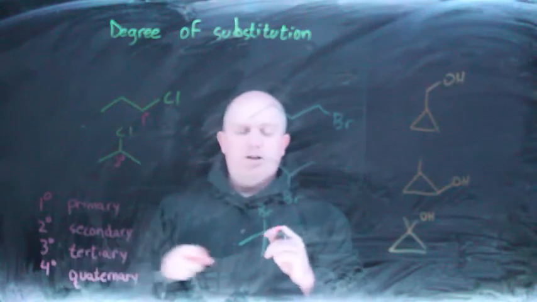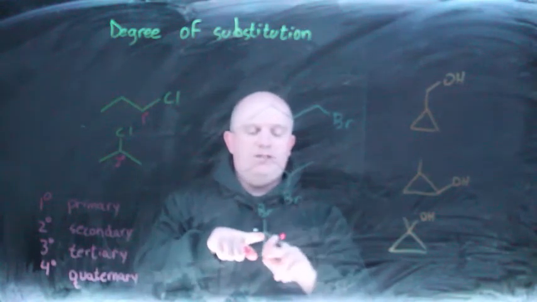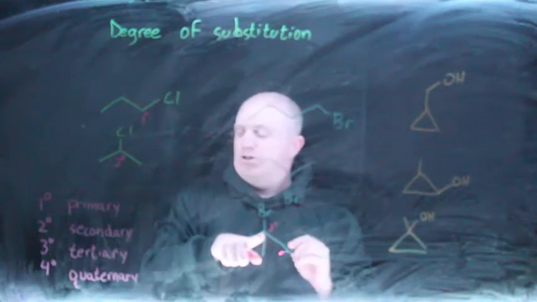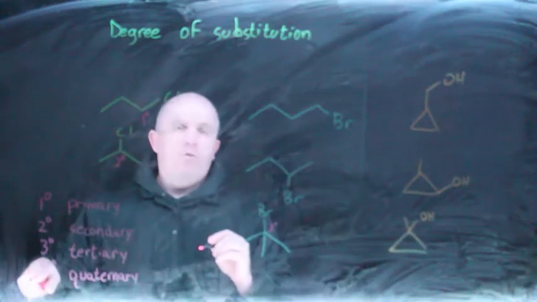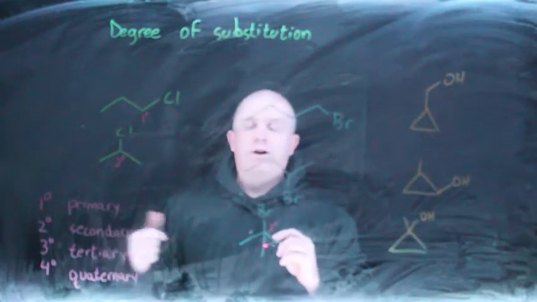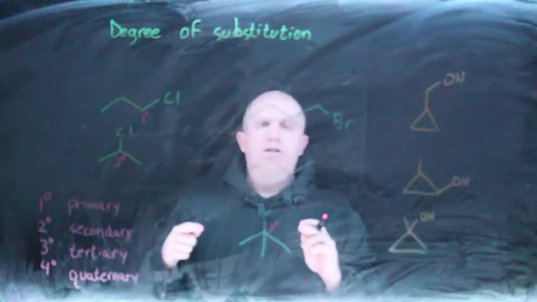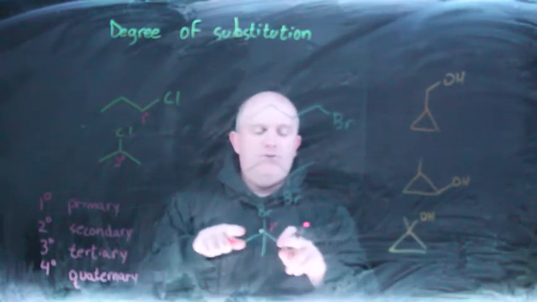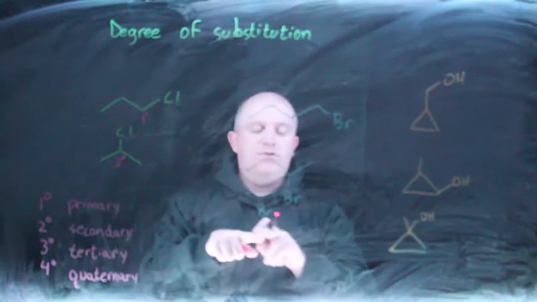If you have three carbons bound to the same carbon, then that would be a tertiary carbon, and we would call this a tertiary bromide. And if you have four carbons bound to a single carbon, then that carbon becomes quaternary or quaternary. I've heard both pronunciations. So anyway, this is a tertiary bromide because this carbon, the carbon that the bromine is bound to, is bound to three other carbons. So that is a tertiary bromide.